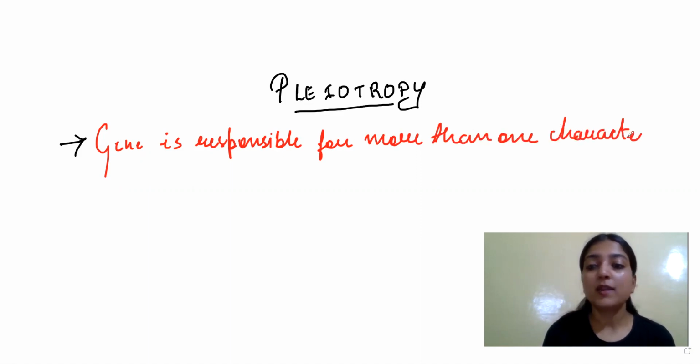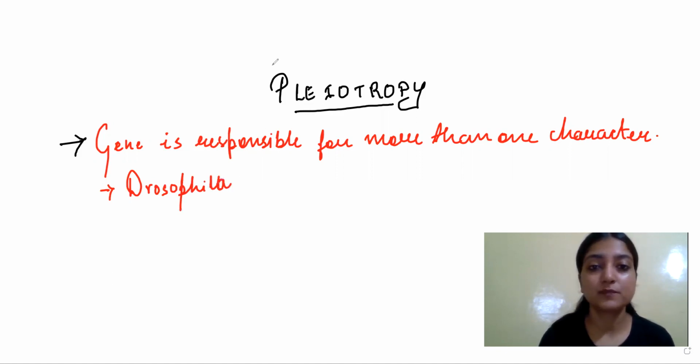Previously we have already seen that one gene is responsible for a single character, but in the case of pleiotropic genes, the genes are responsible for more than one character.